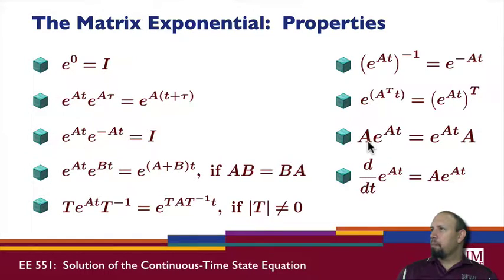Also, A times e to the At is equal to e to the At times A. That is, A commutes with e to the At. In general, matrices do not commute, but in this case, these matrices do commute. And finally, the derivative with respect to t of e to the At is A e to the At.